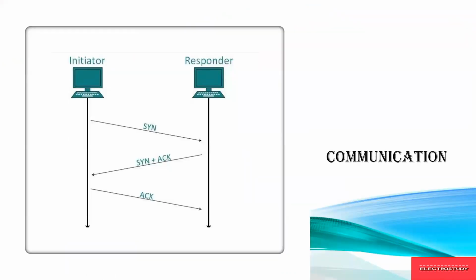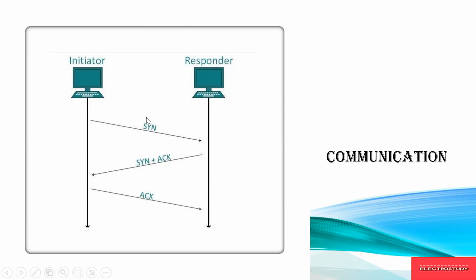So here you can see an initiator and a responder. Now synchronization is done, synchronization acknowledgement is done, and acknowledgement again is sent back. So how does the communication take place here? Now the establishment of initiator and responder must be done. So the client, that is the initiator, initiates the connection and sends the segment with some sequence number.